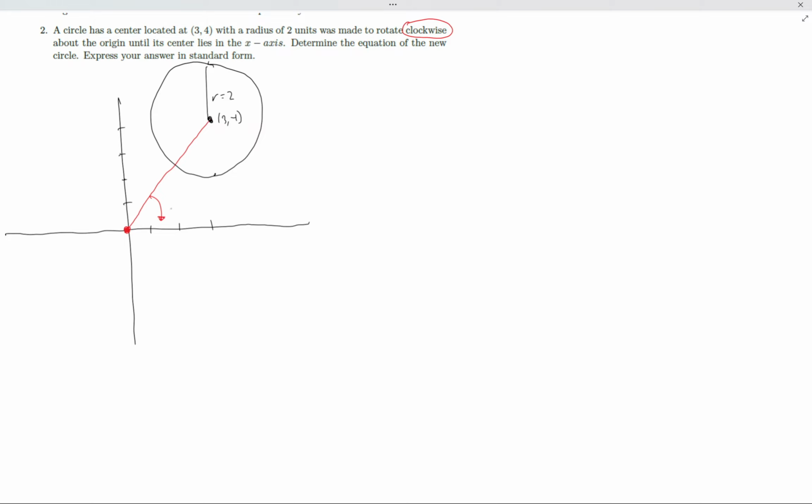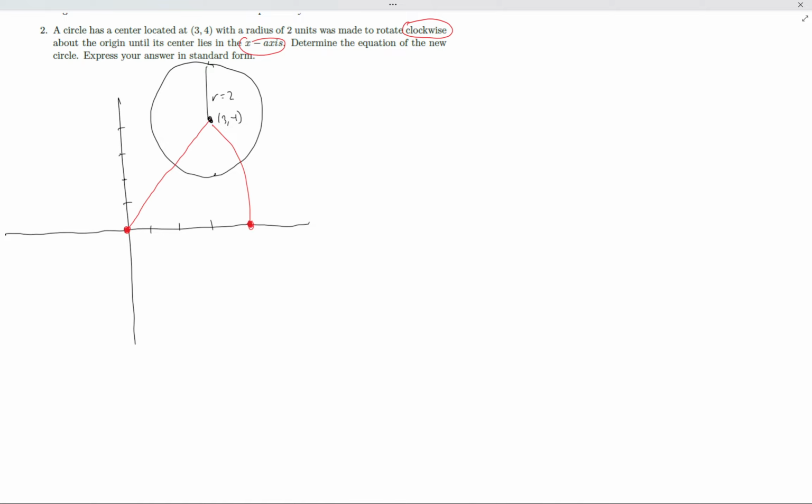Okay? Such that this center should lie in the positive x-axis. Again, it's positive because we are going clockwise. Remember, it's until the center lies at the x-axis. In this case, if you rotate it this way, the center now would have to lie right here. Again, positive x-axis.